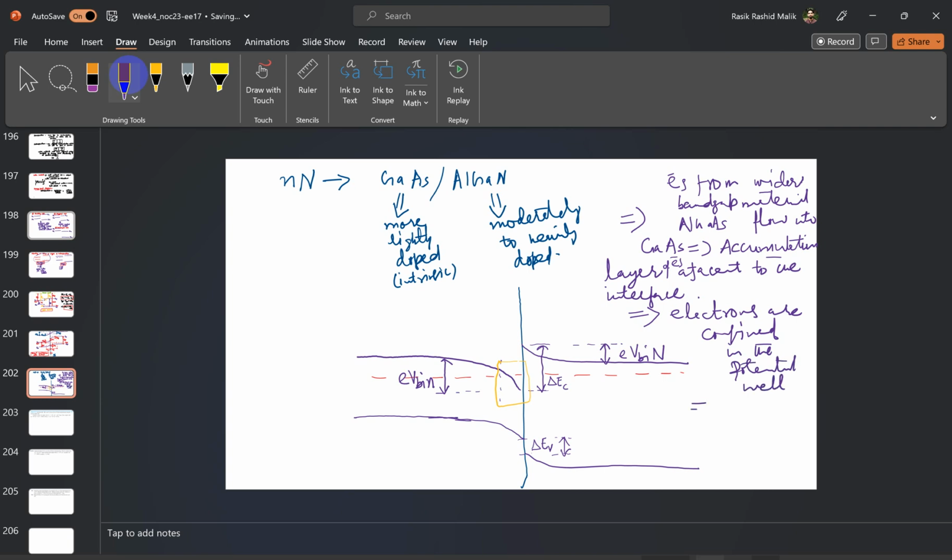They will form a kind of two-dimensional electron gas where the movement in the z direction will be confined, and that is why it is called the two-dimensional electron gas. So I will discuss it in the new slide.